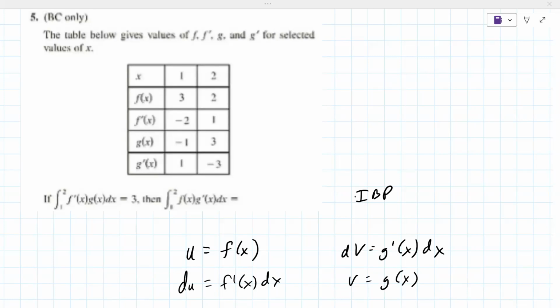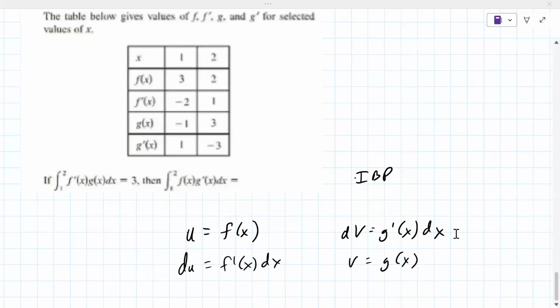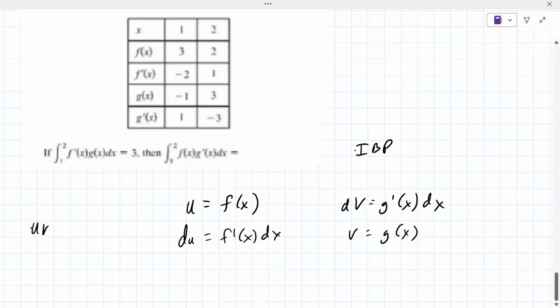I haven't seen the BC exam very often, but it seems like integration by parts is all over the place, so that would be a good thing to review if you have some time. So the formula here is uv minus integral v du.